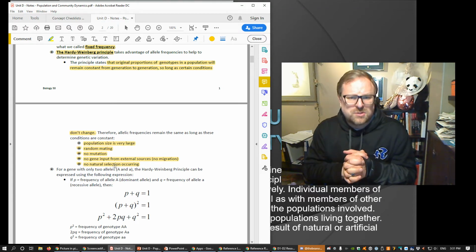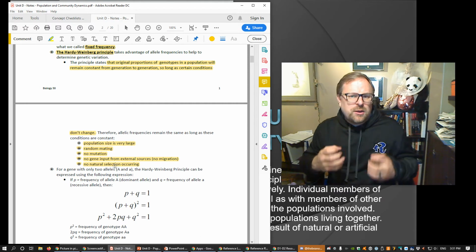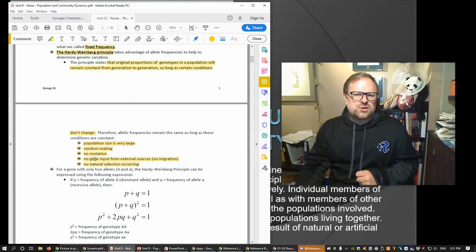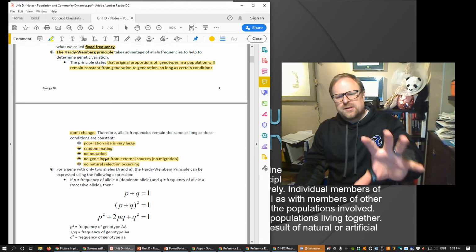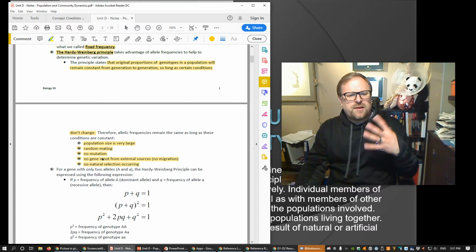In fact, they're almost impossible. But it gives us an ideal situation to work our way through. Just like in physics, we often deal with ideal situations, like we remove friction because it makes things too complicated. This allows us to communicate what an ideal population might look like if these 5 factors aren't affecting the population.